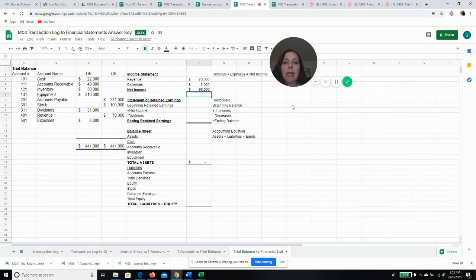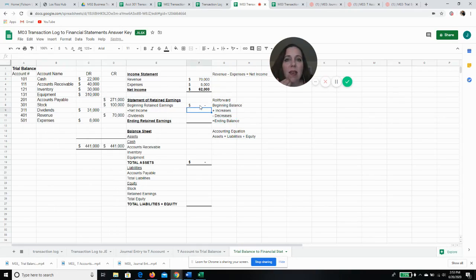The next is my statement of retained earnings. This is basically just telling me how much of my net income did I keep, okay? And this is a roll forward. So we're going to start with our beginning balance. We're going to add our increases, subtract our decreases, and that'll give us our ending balance. So in this case, our beginning retained earnings are going to be 0.